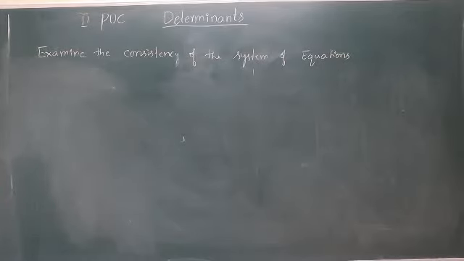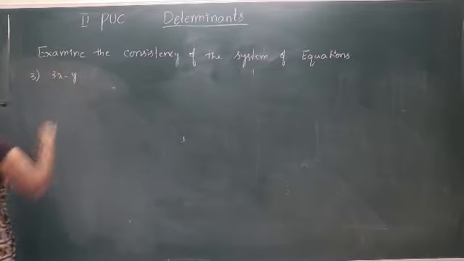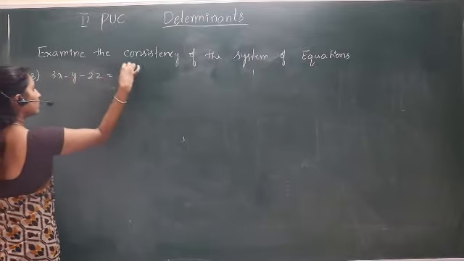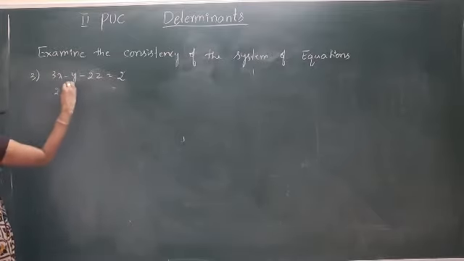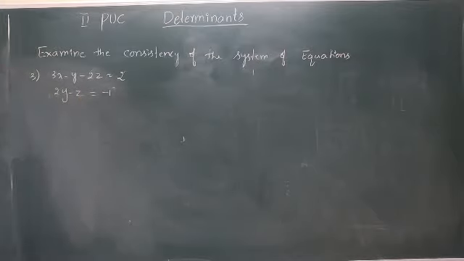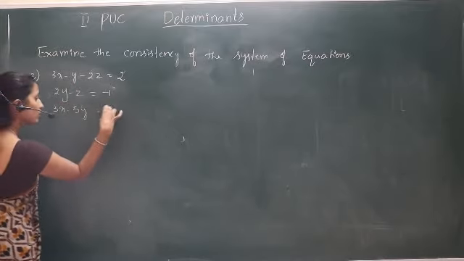So next one: 3x minus y minus 2z equal to 2, then 2y minus z is equal to minus 1, then 3x minus 5y is equal to 3.